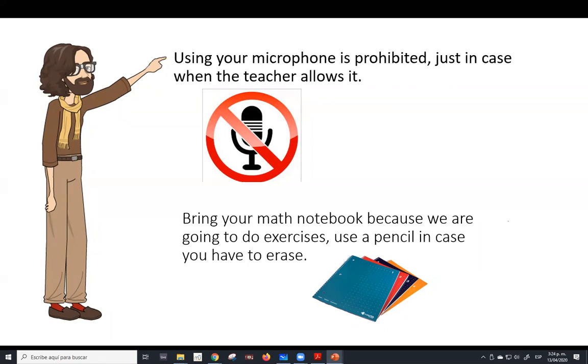Okay, so if you have any question, you can write me through the chat because I am going to be checking it really often. And also, I know that you can raise your hand. I'll say it in Spanish. Pueden hacer como si levantaran la mano, pero no sé de qué manera lo pueden hacer.